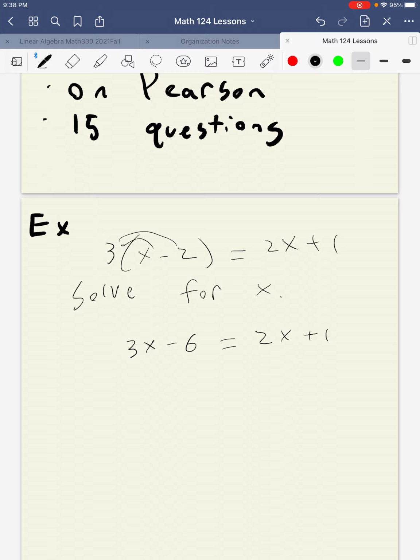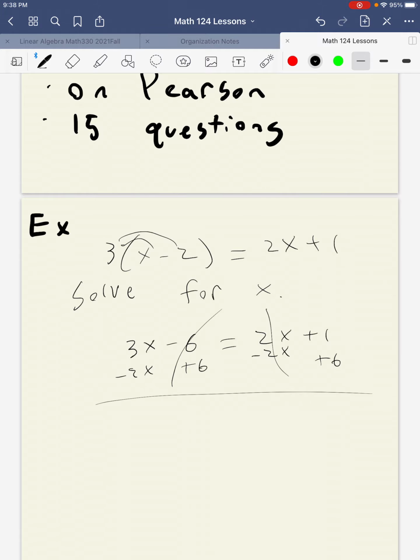I'm going to put everything with an x on one side of the equation and all the numbers on the other side, and then we get 1 times x, or more simply just x, equals 7. So it's not too bad. Hopefully we are all comfortable with that.